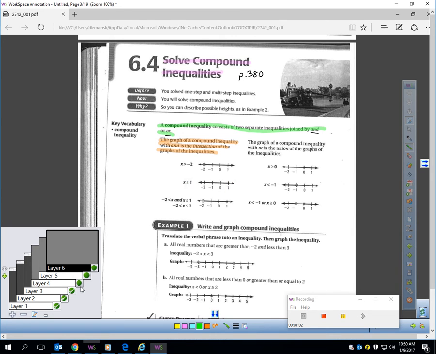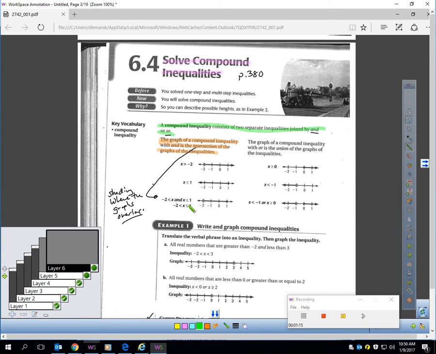Now, if I want x greater than negative 2 and x less than or equal to 1 graphed as a compound inequality, I'm only going to shade where these two overlap. So notice what they put for the answer. x greater than negative 2 would be an open circle at negative 2 shading right, and x less than or equal to 1 would be a closed circle at 1 shading left.